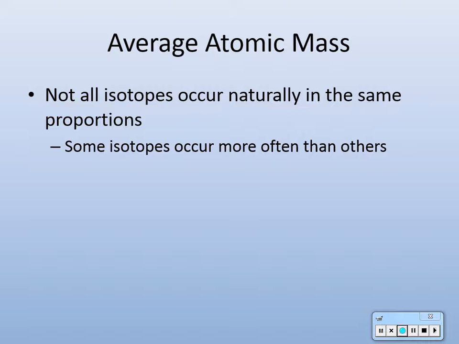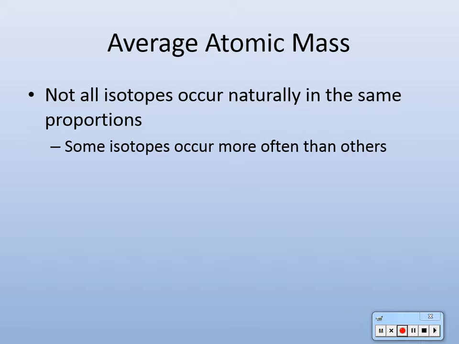If we took that sample of coal, we would find carbon-12s, and we would find carbon-13s, and we would find carbon-14s in that sample, but we wouldn't find an even number of 12s, 13s, and 14s. It's just not the way we find it. It's just not how it's out there in nature.